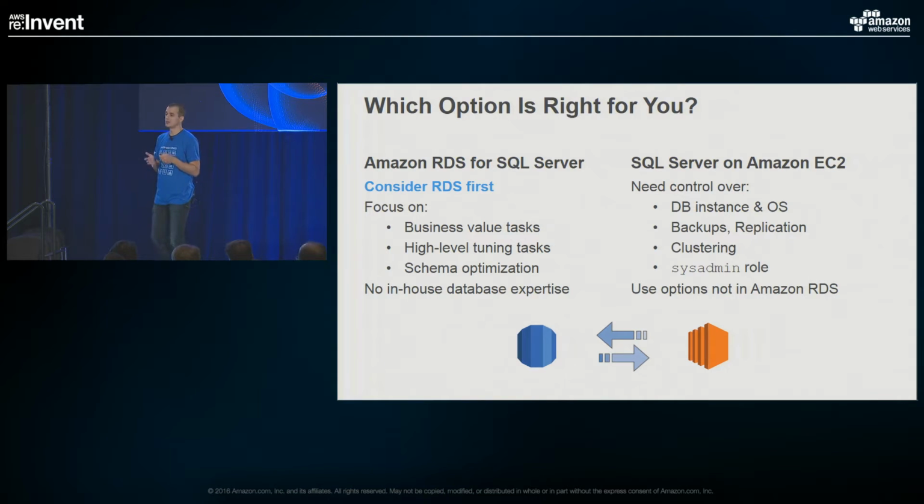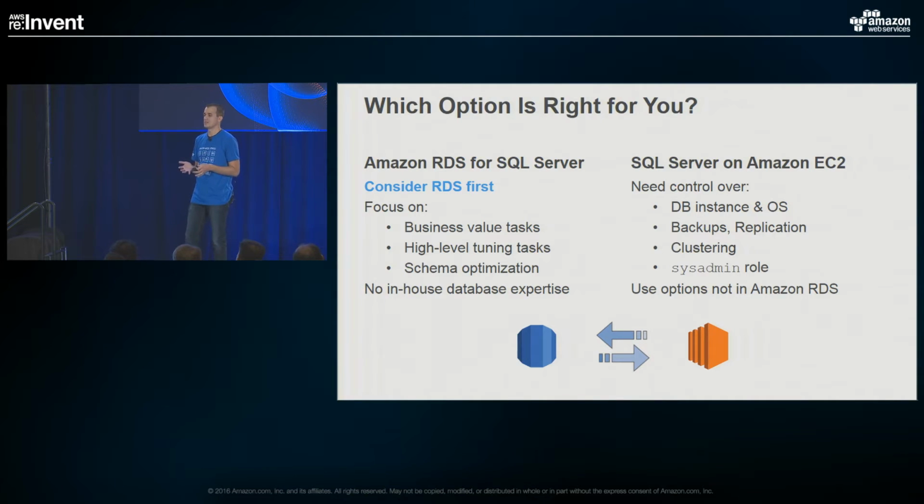Likewise, running SQL Server on EC2 is a good fit when you have to take advantage of SQL Server features and options that we don't make available through RDS. Because RDS is a managed service, we have to ensure a consistent experience and a consistent level of performance to all of our customers.